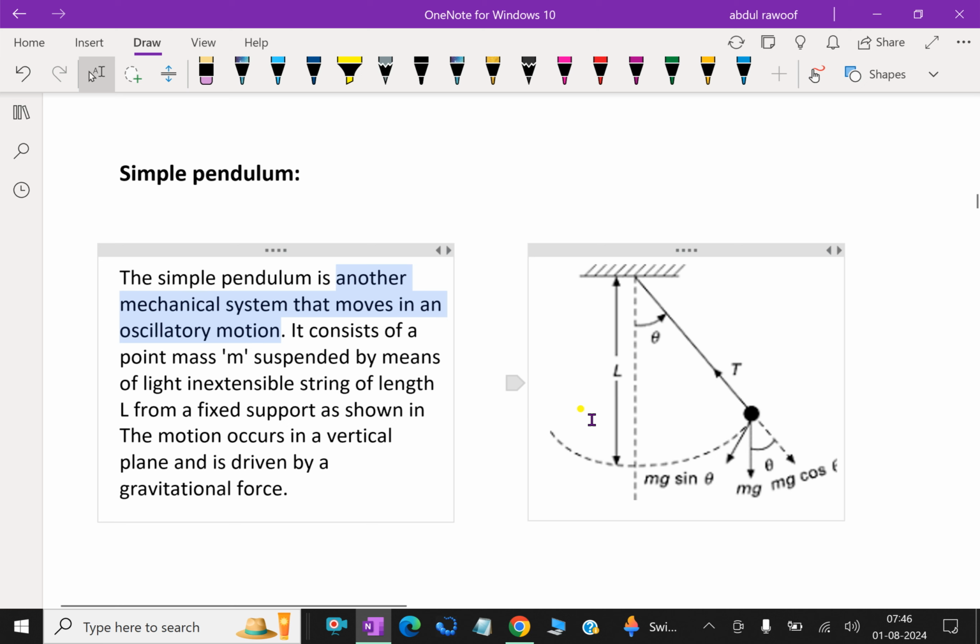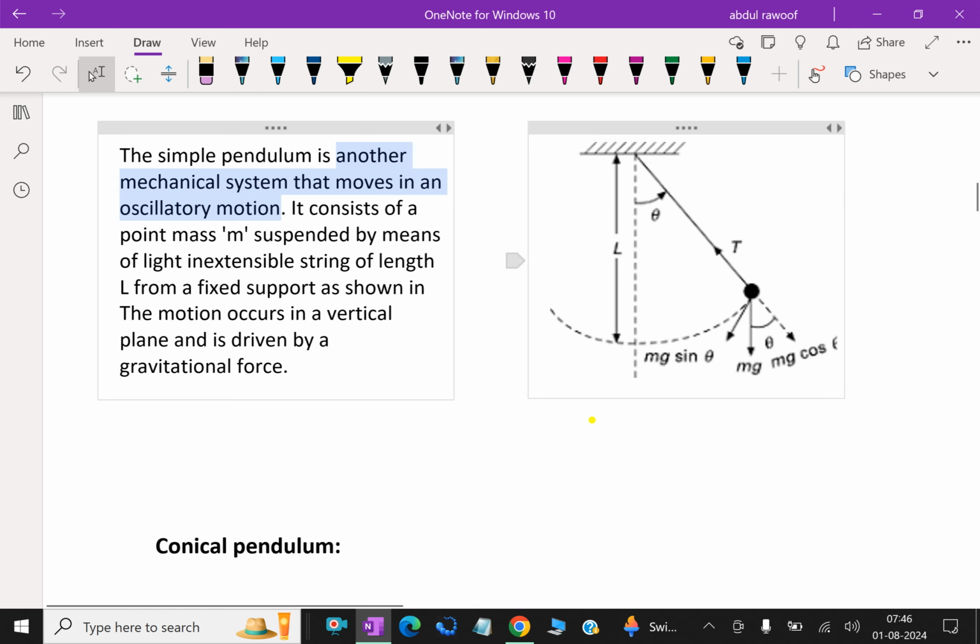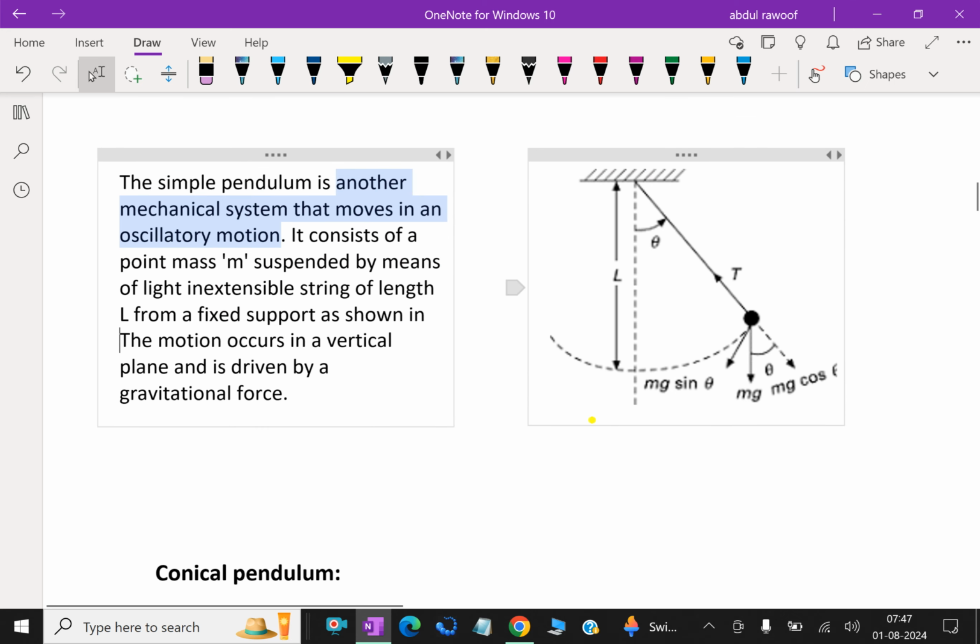Now we'll get the relation for the simple pendulum.